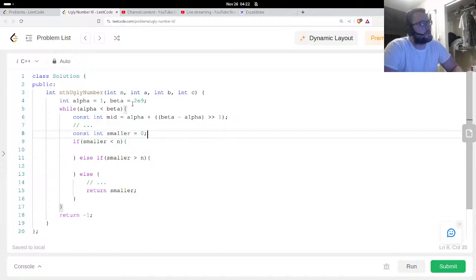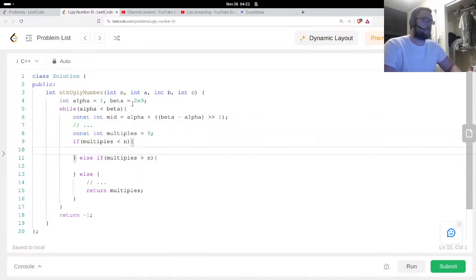So this is how many multiples. We'll just say multiples. If the multiples are less than n, that means I need to go to the right, which means I've got to set alpha to mid plus 1.